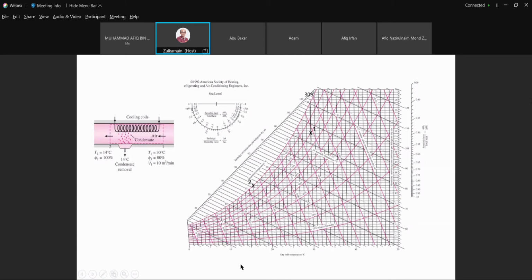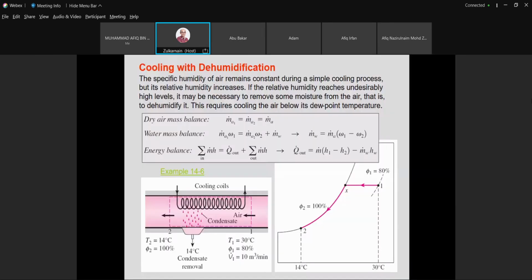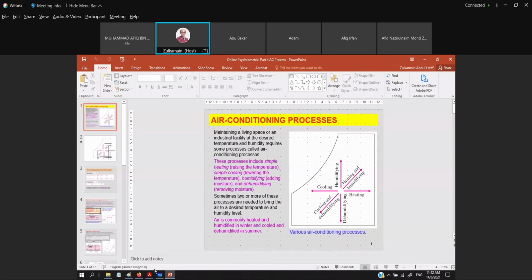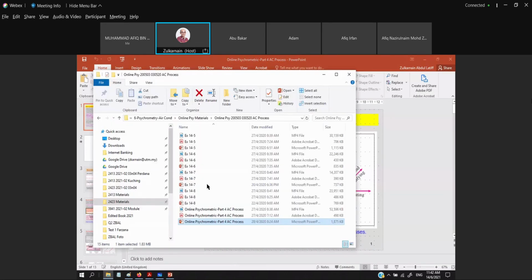This is example 14.6. Okay, let me see back. Example 14.6. Now we make the correction. Example 14.5. Okay, this one.